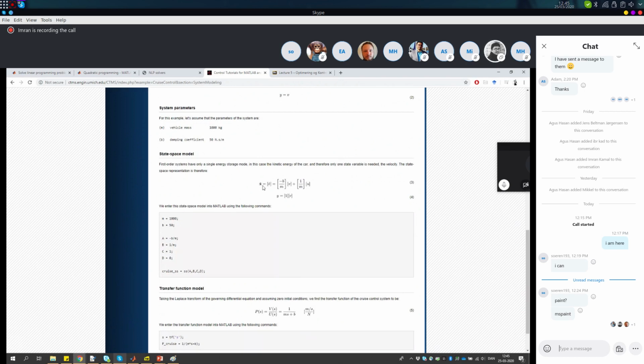So this is basically saying that the first derivative of position with respect to time, the velocity, equals some constant times your velocity plus some constant times your controller. So this is a linear system.